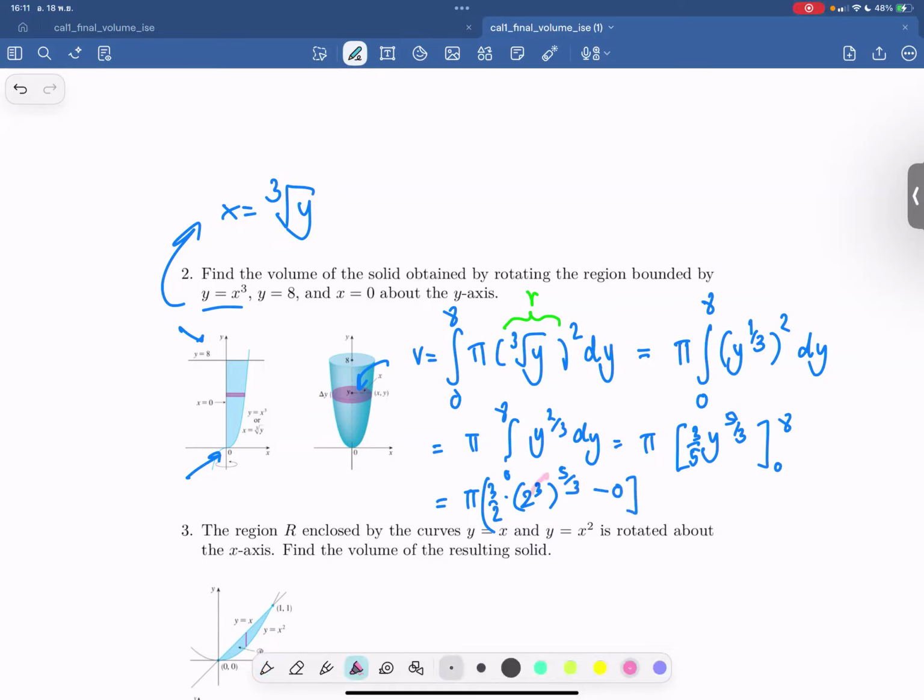So from here, 8 to the 5 over 3 is 2 cubed to the 5 over 3, which is 2 to the 5, which is 32. With the 3 over 5, the answer should be 96 over 5 pi.